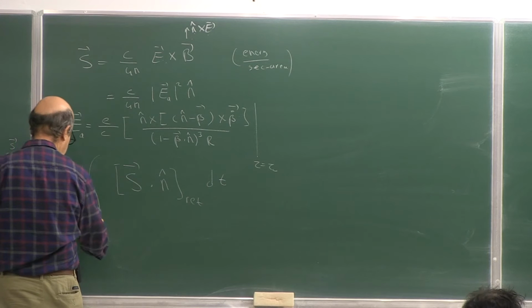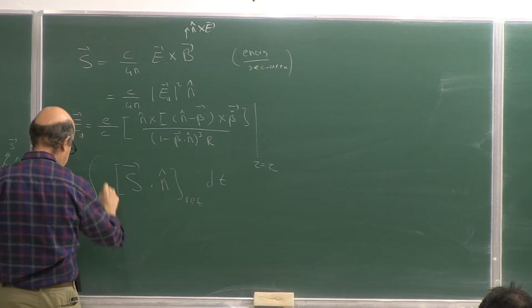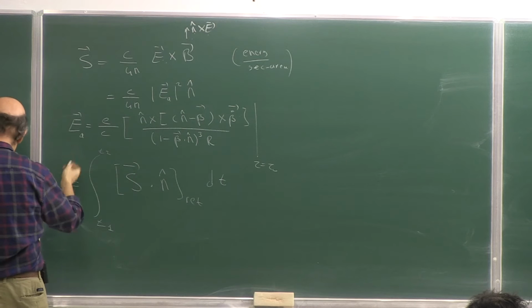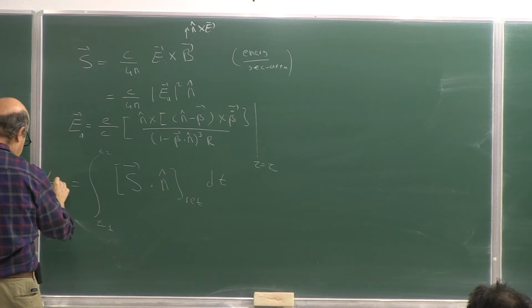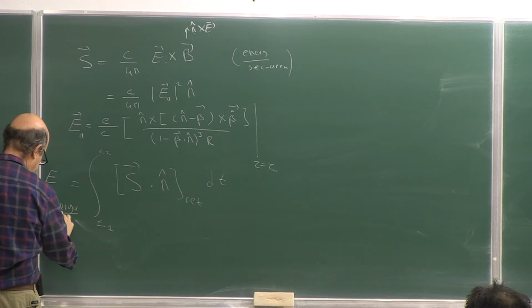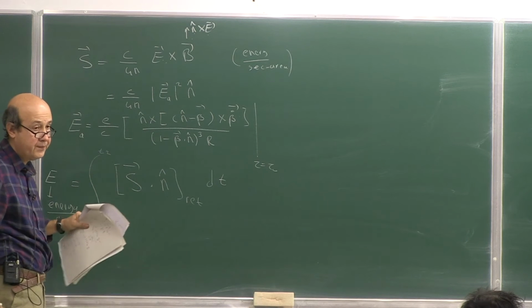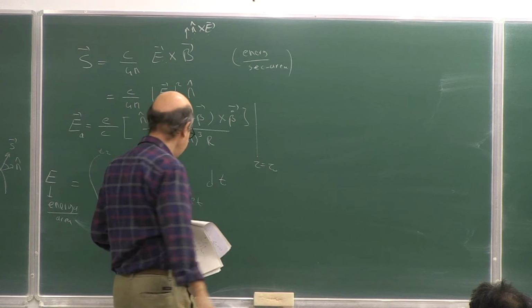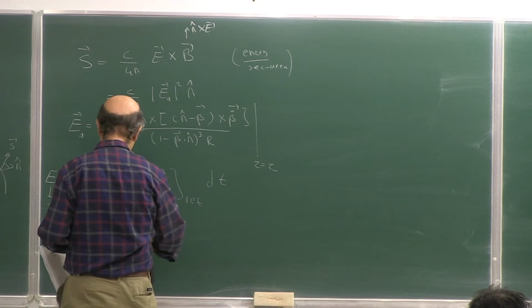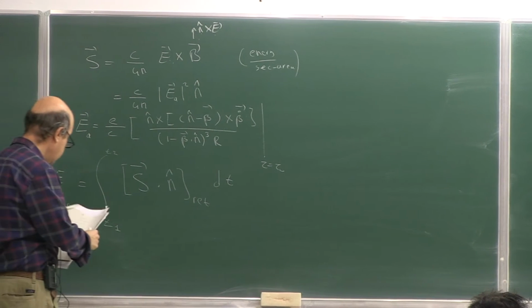If you integrate this over time from T1 to T2, you can calculate the energy per area. These are the times at which we observe the radiation. Radiation is emitted at retarded time and we observe it at the actual time.